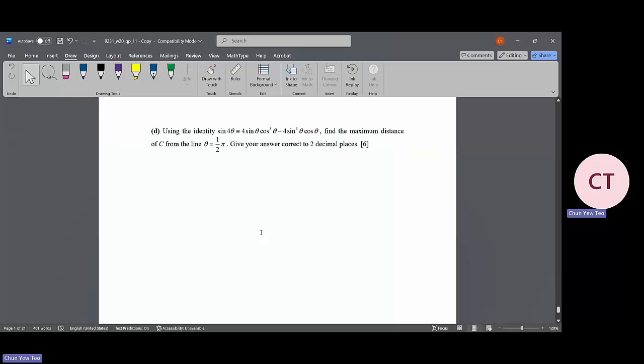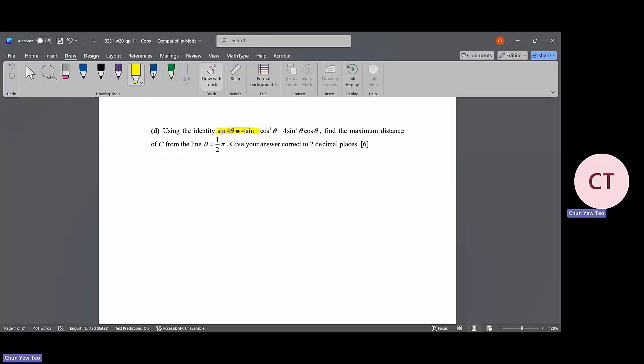Now we move on. We have question 7d. Using the identity sine 4 theta equal to 4 sine theta cos cube theta minus 4 sine cube theta cos theta, find the maximum distance of C from the line theta equal to pi over 2.